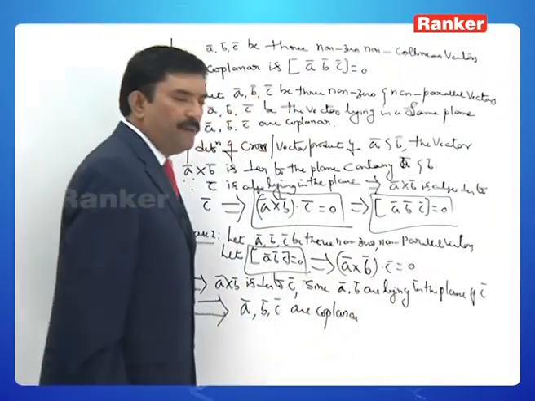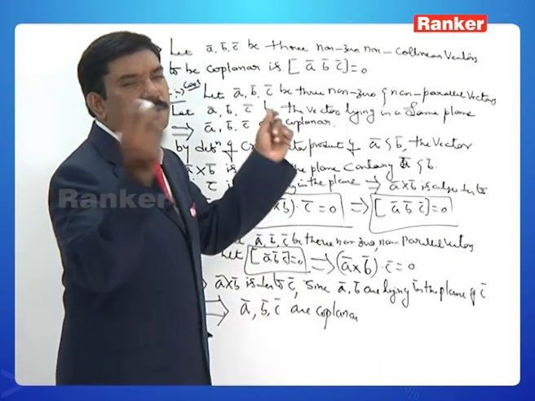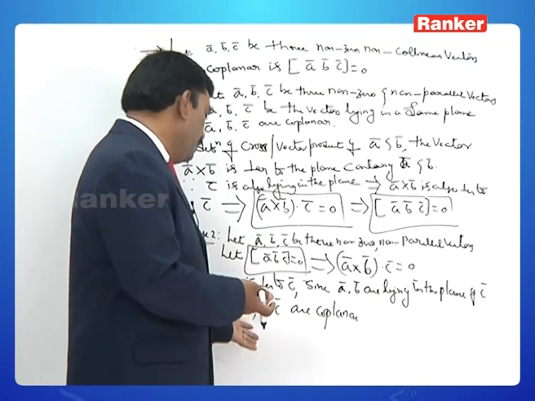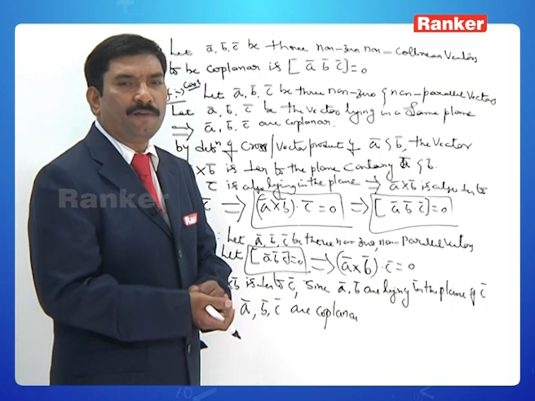So therefore, what we have proved? We have considered box of A, B, C is equal to 0. We have shown A bar, B bar, C bar as coplanar.